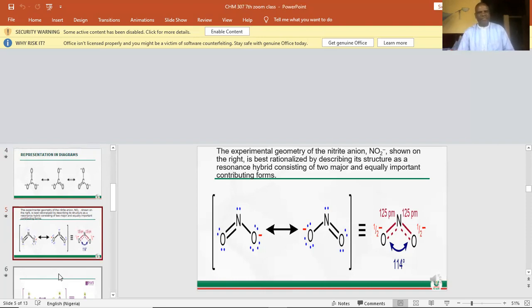Just like in the case of the benzene structure, you will see something similar. In the first structure, the double bond is on your left. In the second, the double bond is on your right. The negative charges are also similar to one another. They are like a mirror image of each other.